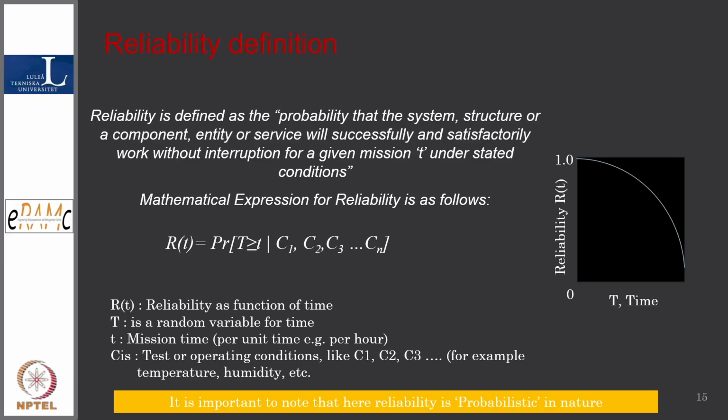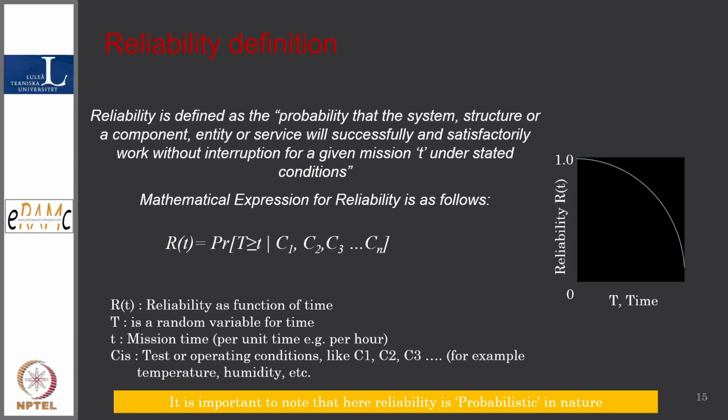Okay, and if I talk about the reliability definition, it is the probability that the system, structure or component, these 3 phrases, system, structures, component, we will have the acronym SSC in future slides. So please, you will get a lot of acronyms.